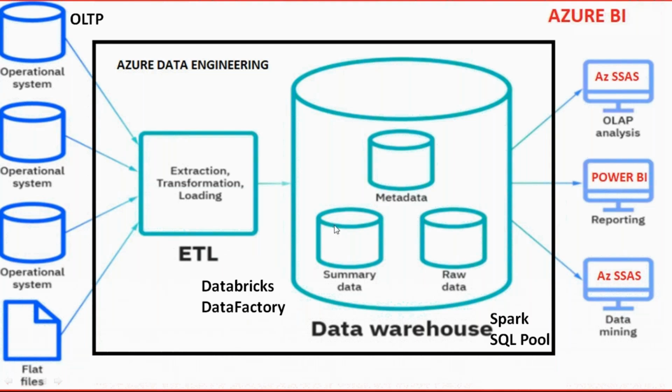We are slowly understanding what is a database, types of database. Now our job role: either data engineer, SQL developer, or data analyst, Power BI, or Azure BI. BI means business intelligence. The complete pack is Azure BI.